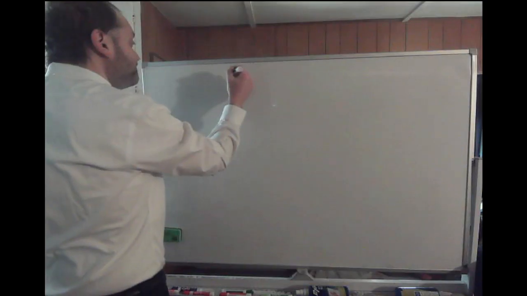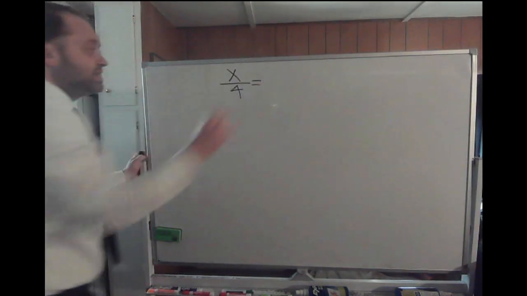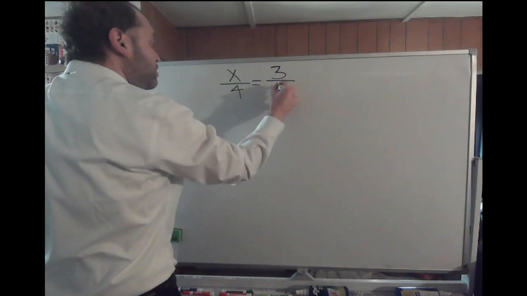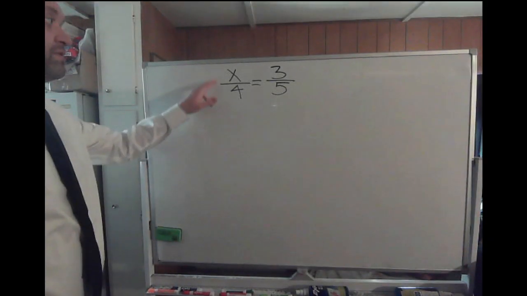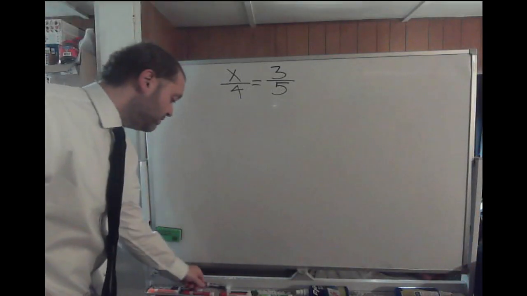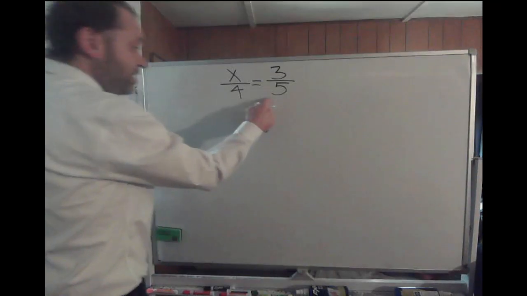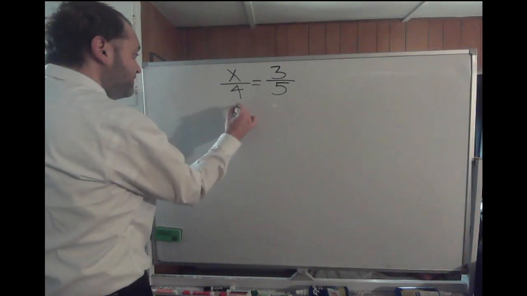Now, also we have some useful properties from algebra with proportions. Let's say I give you something like x over 4. I set that equal to 3/5. The goal for these problems is to find the value of x that would make these two ratios be in proportion to each other. So if we recall from algebra, you're going to take the cross product of the means, which would be x times 5, which would simply be 5x.